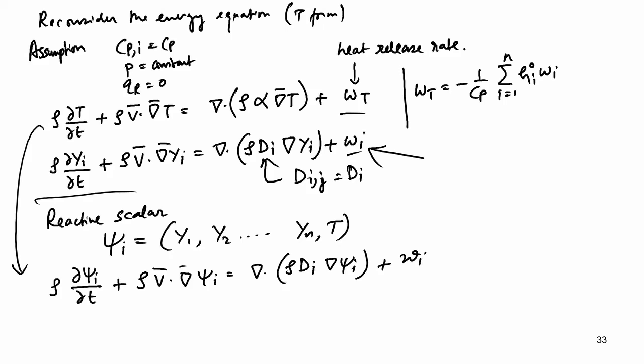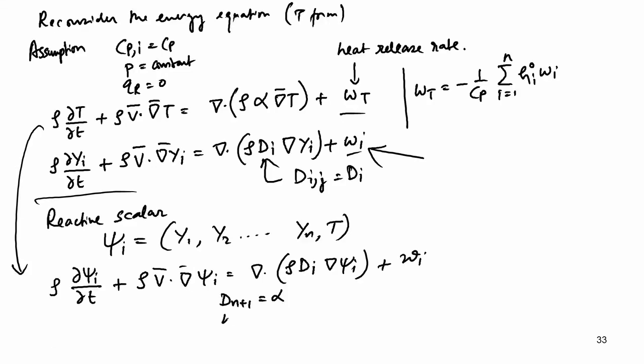Now, for i equal to 1 to n, D_i is D_i, but for n plus 1, D_i is essentially alpha, w_(n+1), or we write it like this: D_(n+1) is equal to alpha, w_(n+1) is equal to w_T, which is the heat release rate, minus 1 by C_p times summation i equal to 1 to n h_i^0 w_i. Okay.